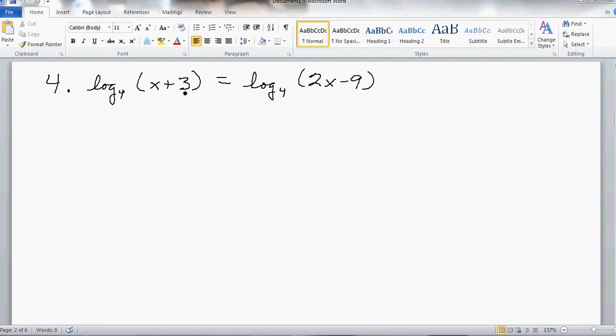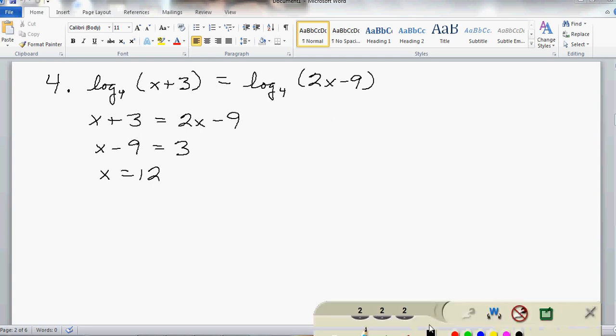In order for this to be equal, both of the arguments have to be equal to each other. So we get x plus 3 equals 2x minus 9, and it's simple algebra from this point. Subtract x from both sides, and add 9 to both sides, and x equals 12. As a quick check, that would be positive, that would be positive, so the domain has not been violated.